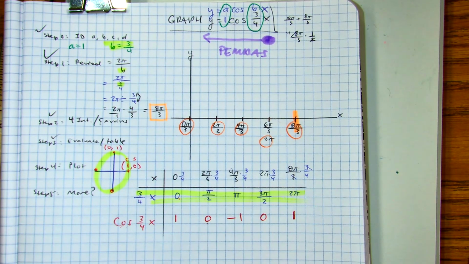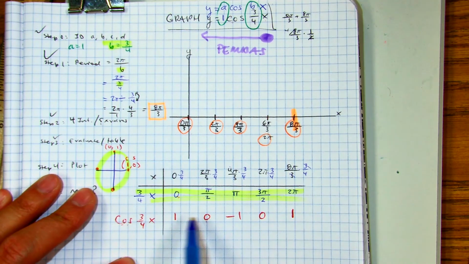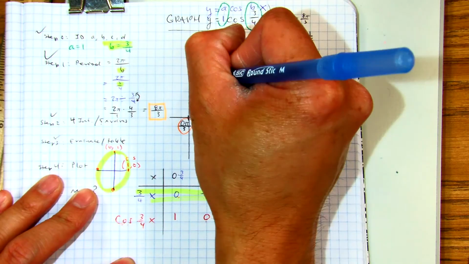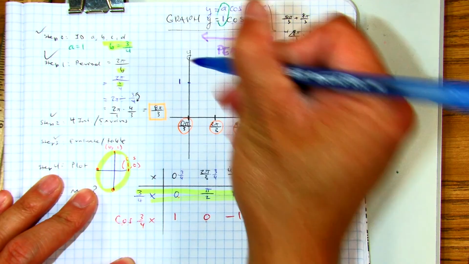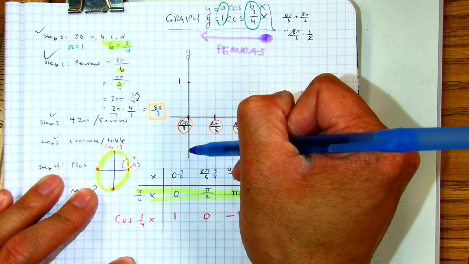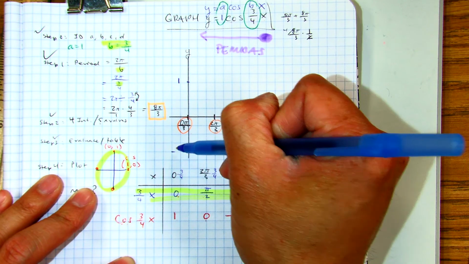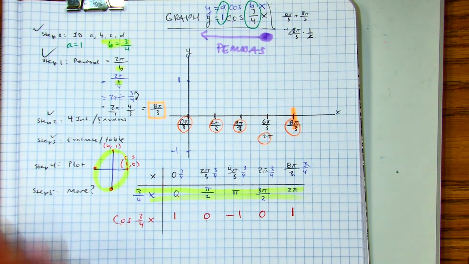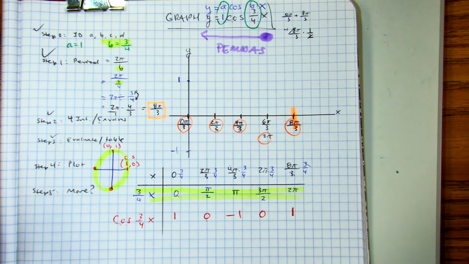I noticed that my maximums are going to be at 1, so just pick a value. 1. I use 4 boxes, so you better use 4 boxes the other way. Let me go ahead and graph this last row.